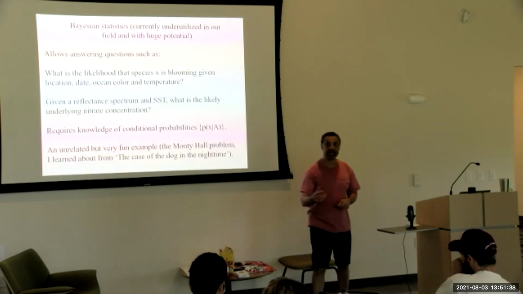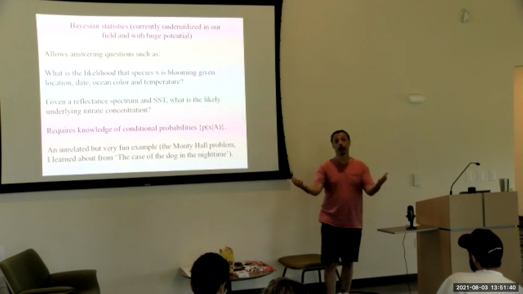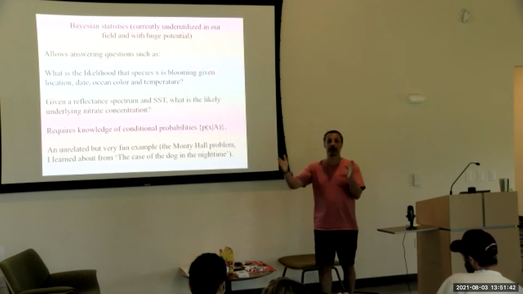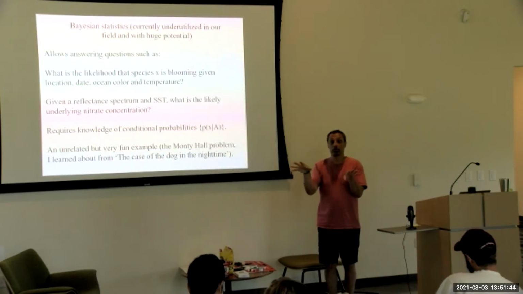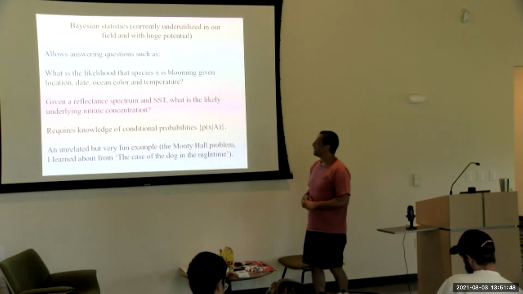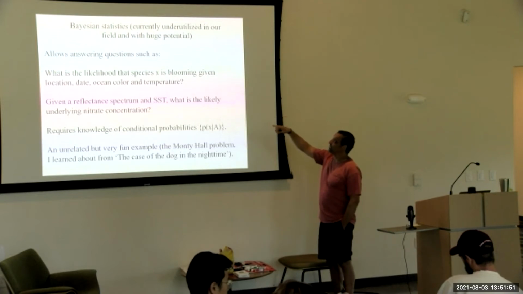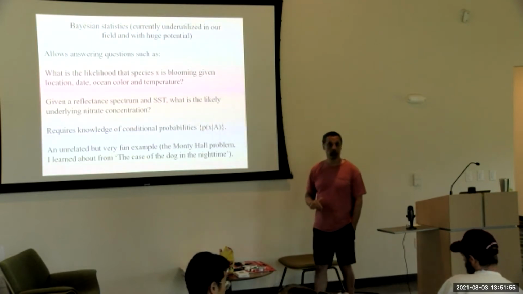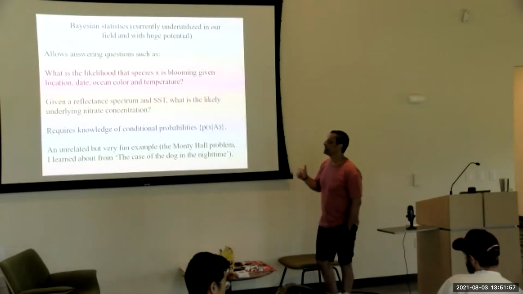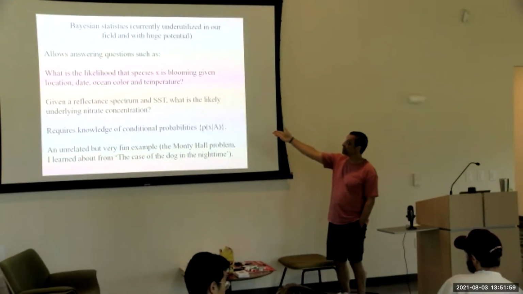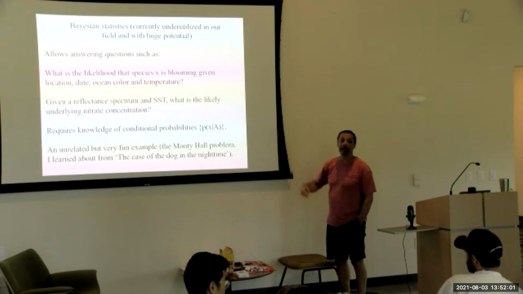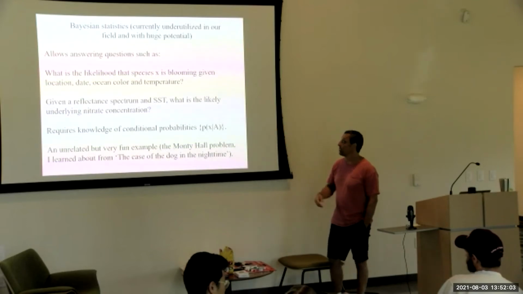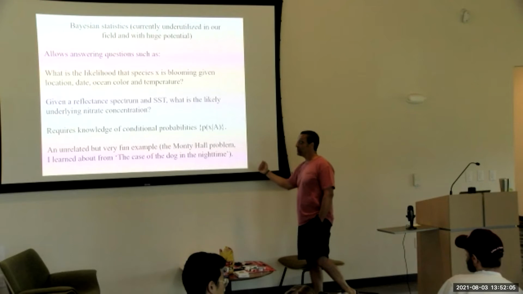That's based on a large pool of past data where we have much more information, not just about what we're measuring, but the general condition around us. What is the likelihood of species X blooming given a location, date, ocean color, and temperature? We haven't got there yet. Given a reflectance spectrum and SST, what's the likely underlying nitrate concentration? That requires knowledge of this conditional probability.